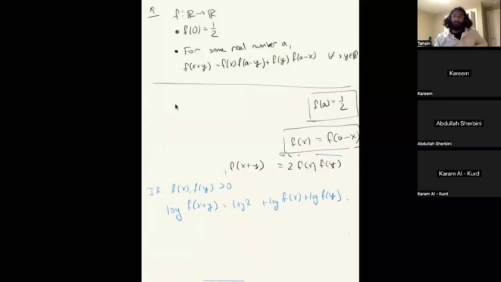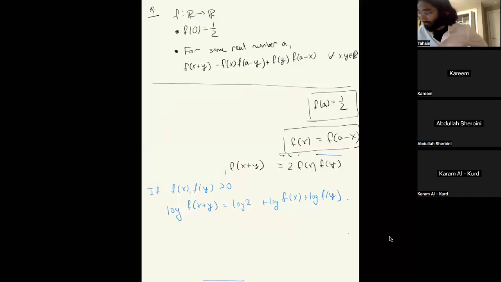So what can we do from here? Is it just Cauchy?